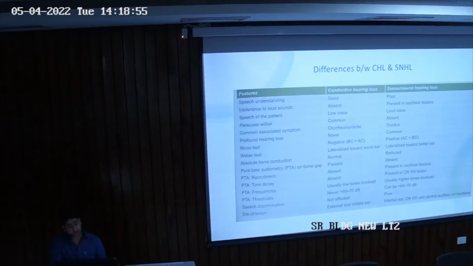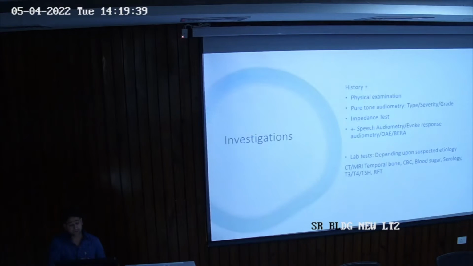Recruitment phenomena, tone decay, frequency threshold, they actually need a separate class altogether of at least 1 to 2 hours to understand these things. So it's my request to you, please go through all the features, at least know the basics: what recruitment is, why it happens, is it a separate part. First learn what it is, then we will see why it happens. Go through it from your book. And threshold and speech discrimination and site of lesion we have already seen.